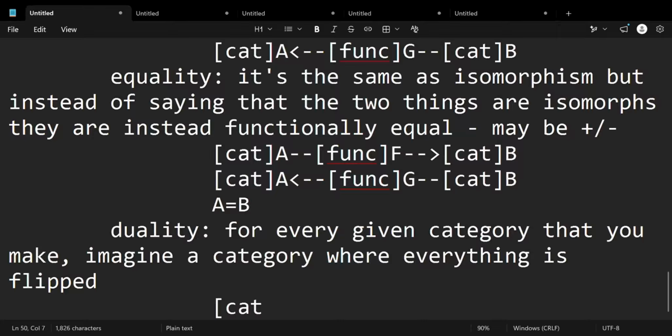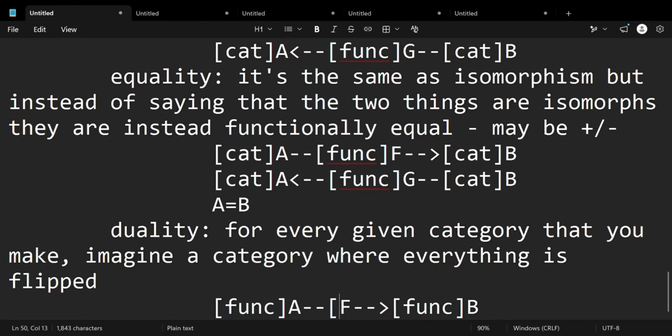So, category A, or you know what? Let's change it up again. Let's say functor A instead. And functor A relates through F to functor B. Now, what does F need to be in order to relate functor to functor?